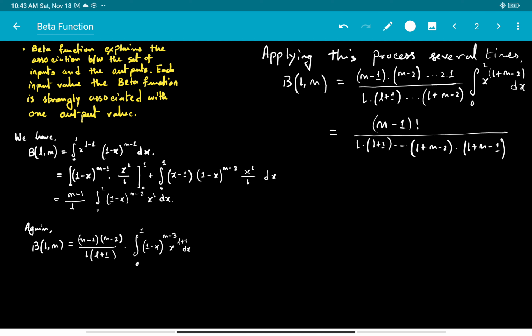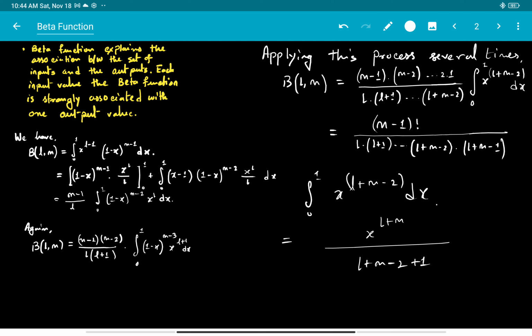If we again integrate this, if I do the integral from 0 to 1 of x to the power l plus m minus 2 dx, you see l plus m minus 2 plus 1, and this is x to the power l plus m minus 2 plus 1, from 0 to 1.